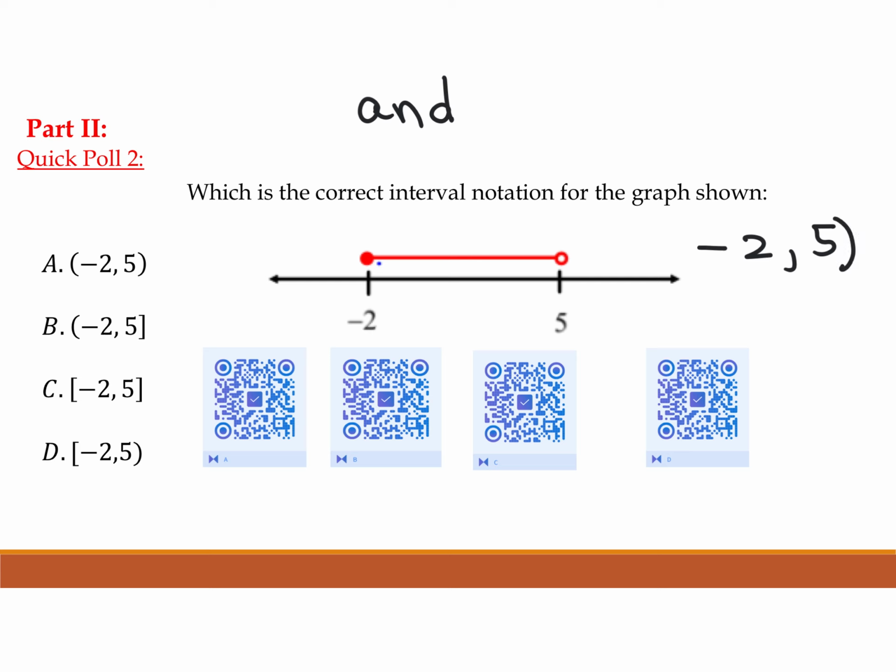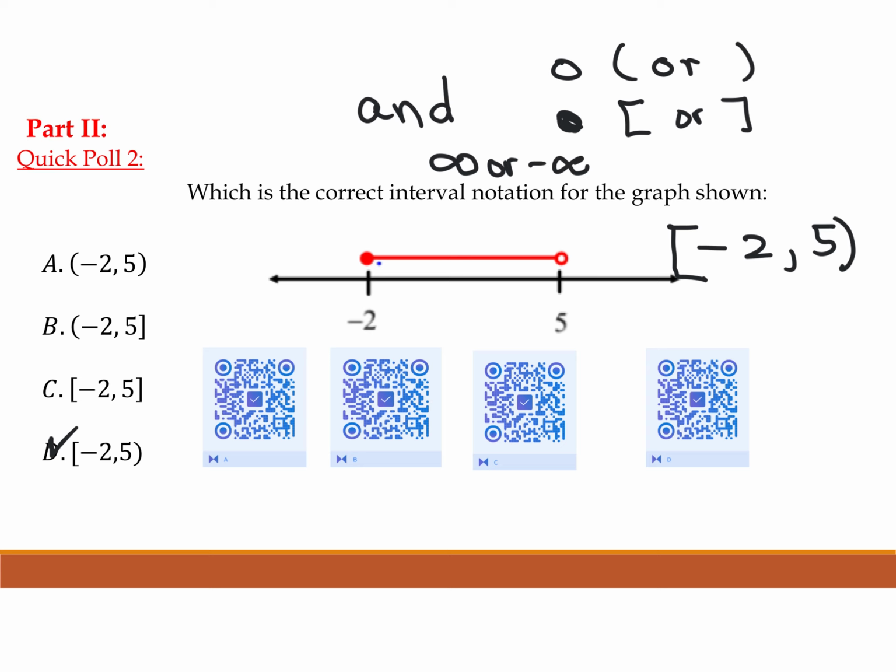Negative 2 has a closed circle, so in front of negative 2 is a bracket, which means that our correct answer would have been answer D. So we need to remember, open circle is parentheses, closed circle is going to be brackets, and infinities, whether it is infinity or negative infinity, it is going to be parentheses.